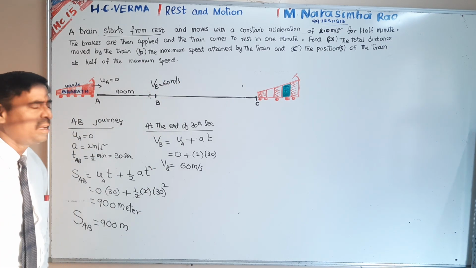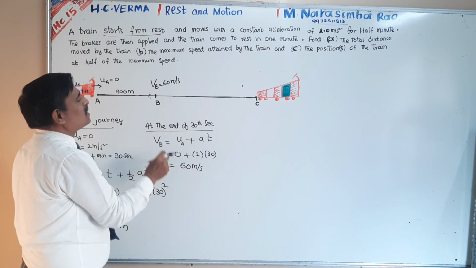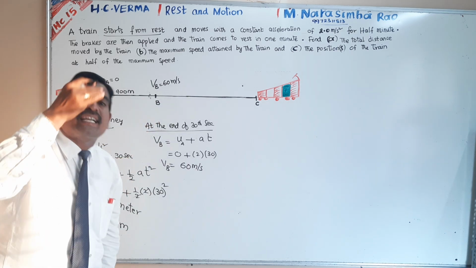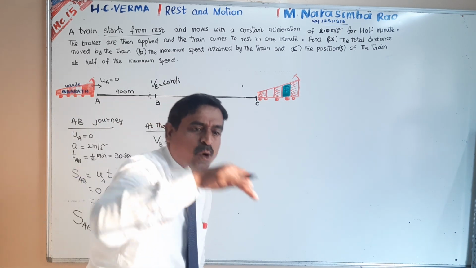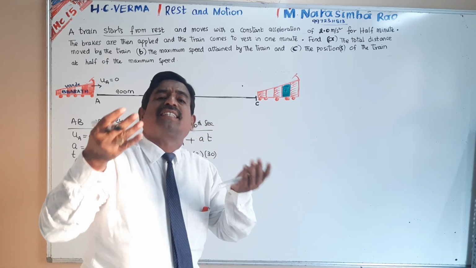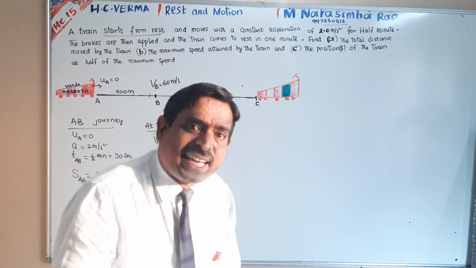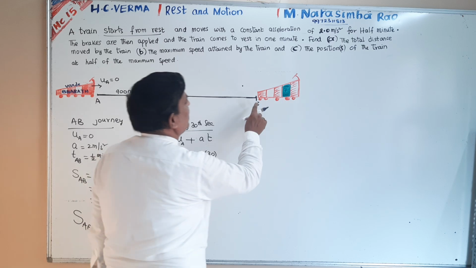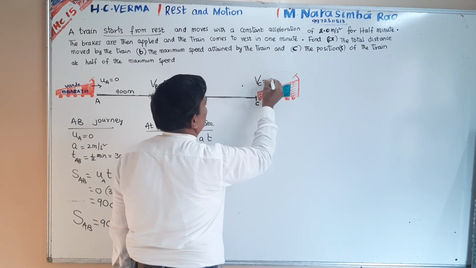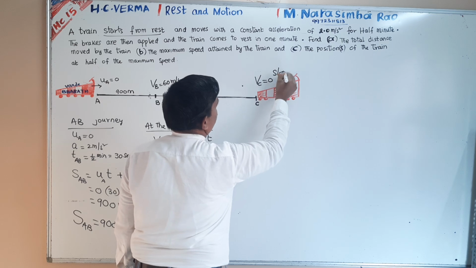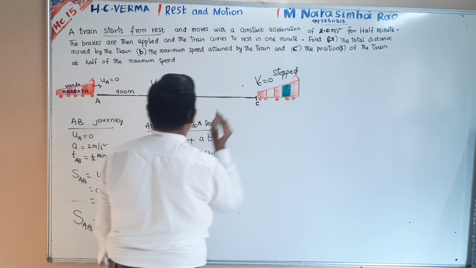Now, from the next onwards, at this point, brakes are applied to the train. Brakes applied means velocity goes on decreasing, which means acceleration is negative. Finally, the train is stopped. Stopped means final velocity is equal to 0.